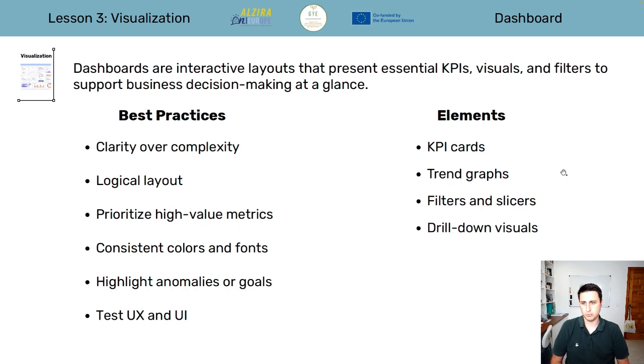Well, the dashboard. The dashboard is the layout that is presenting those KPIs that we have been calculating, in a visual manner, and there are some filters, slicers, or some graphs and KPI cards that we can add. Some best practices are clarity over complexity. Keep it simple, please. Then a logical layout, well structured, organized, easy to access and easy to understand. Then high-value metrics, sure: fewer metrics, fewer KPIs, but that can generate impact.